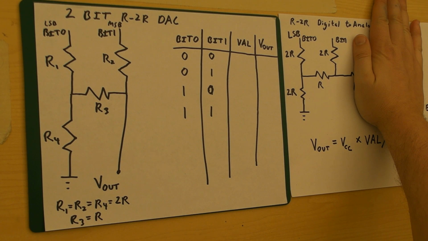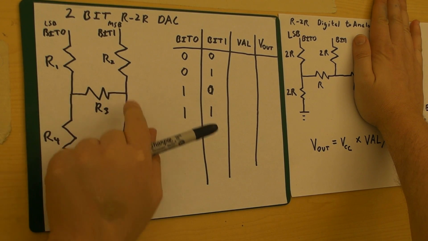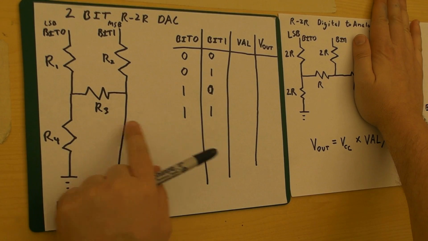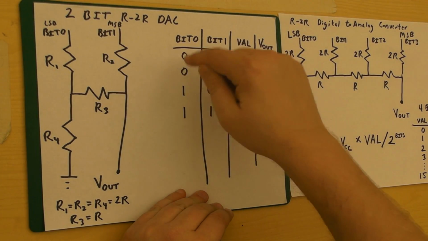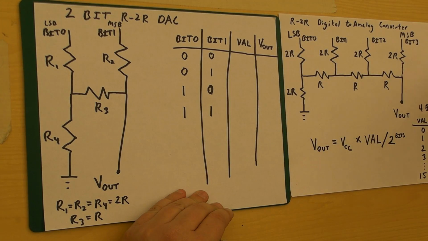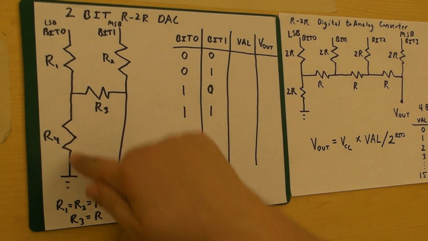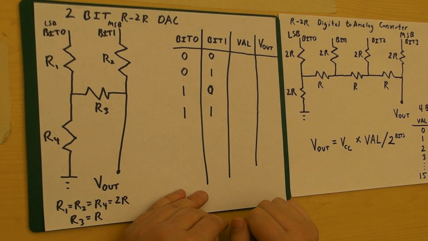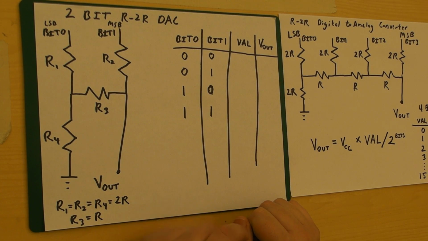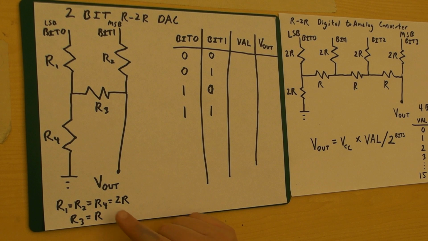And for convenience later on, I'm going to label each of the resistors as R1, R2, R3, and R4. Now, we could do this as R1, R2, 3, 4, 5, 6, 7, 8, on to 16, and then coming back the other way, and the last one would be like R33. But we're just doing a 2-bit R2R DAC, so we're going to keep it simple for now. And you can see down here I've labeled it as R1, R2, and R4 are all equal to 2R, and R3 is equal to just R.